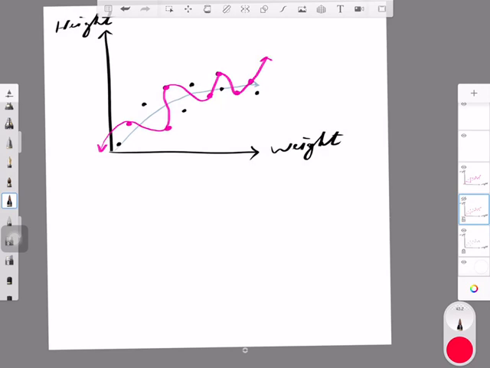This is the distance for linear regression. But for the squiggly line, do you see that? What's the distance? It will be 0. Do you see how the squiggly line fits the data so well? So the distances between the line and the data are all 0.